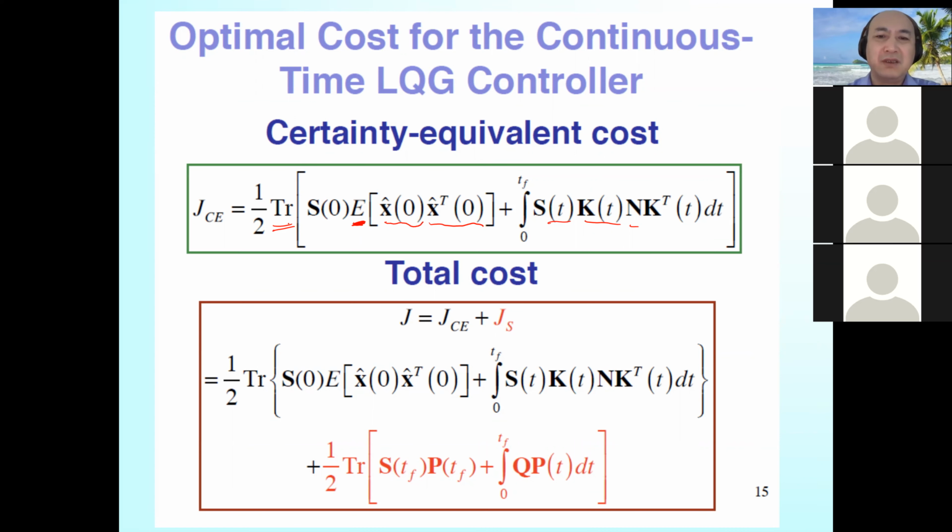The GS term is mainly linked to the terminal cost, and you have another cost in here. All these equations can be rigorously derived. If you have your LQR knowledge, it is not very hard to go through this one using a certainty equivalence argument. But if you do the SDE, the stochastic differential equation side, things will be more complicated.